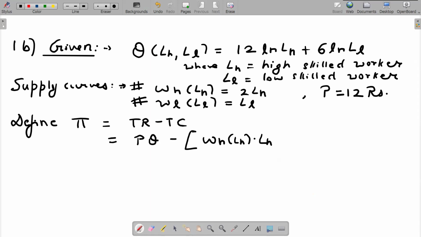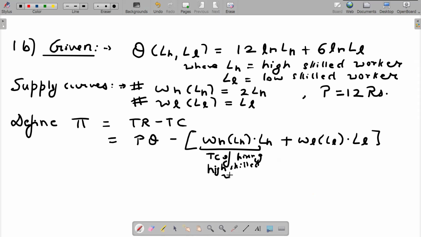This is the total cost of hiring high skilled workers, plus WL as a function of LL times LL. This is the total cost of hiring low skilled workers.